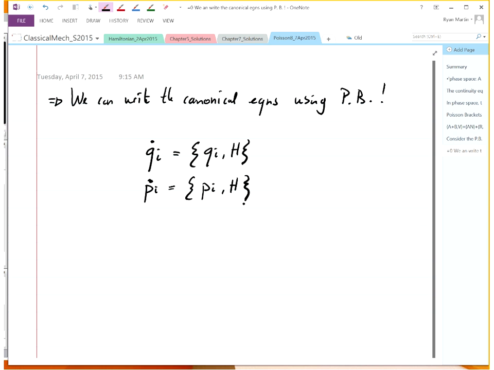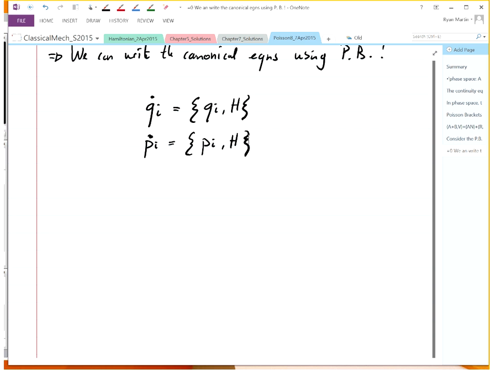So there's a connection between the Hamiltonian and how things evolve in time. And remember, there's a connection as well between the Hamiltonian and the total energy of the system. So again, we see some sort of relationship between total energy and time derivatives, and time invariance, and time symmetry.